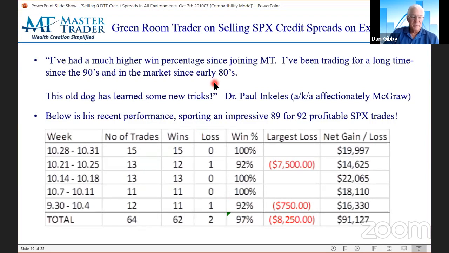I mean, he's been in the business for a long time, the 90s and the 80s, but I love this statement of his. This old dog has learned some new tricks because being with us and learning our technical approach, he sent me this, 89 for 92 profitable trades.